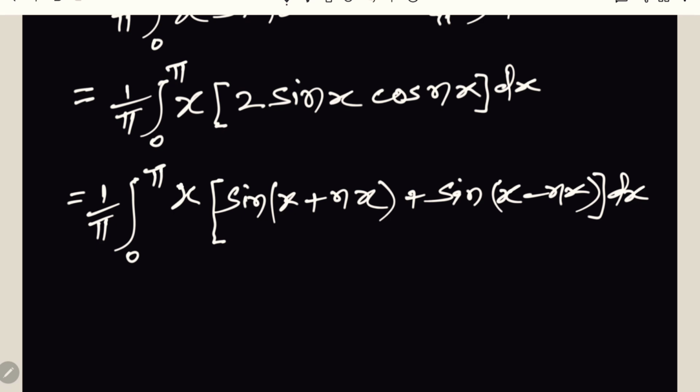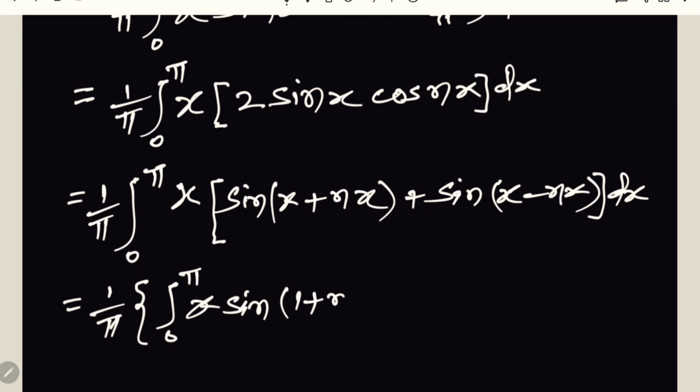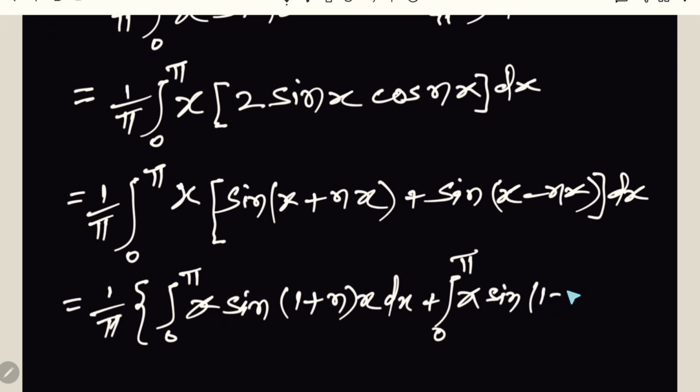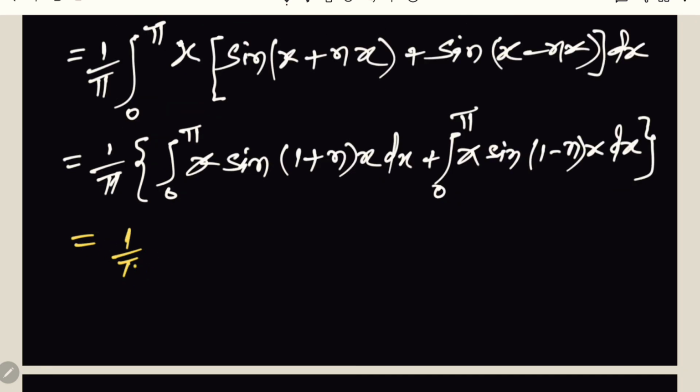Therefore, 1 by pi as it is, no change, in bracket, first integral from 0 to pi, x multiplied by sin of, taking x common, we get 1 plus n times x with respect to x, and plus second integral as x into sin of 1 minus n times x, and for simplicity we call the first one as I1, and second one as I2.